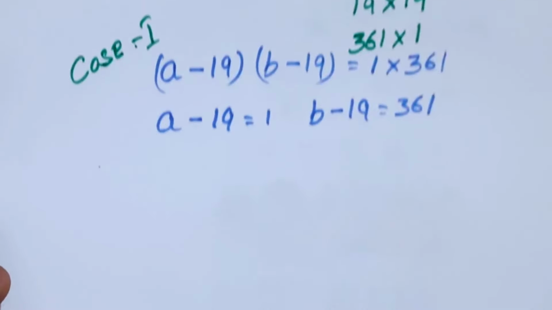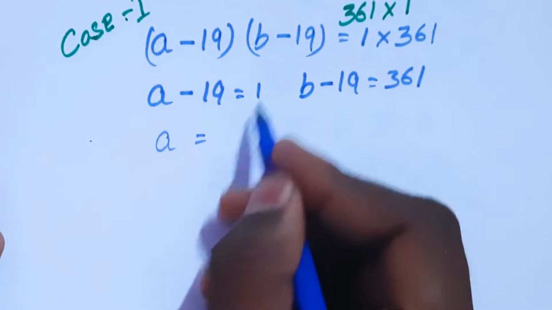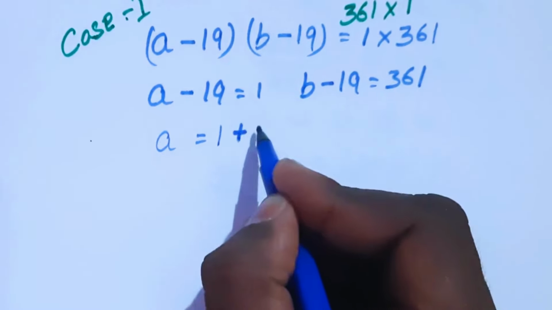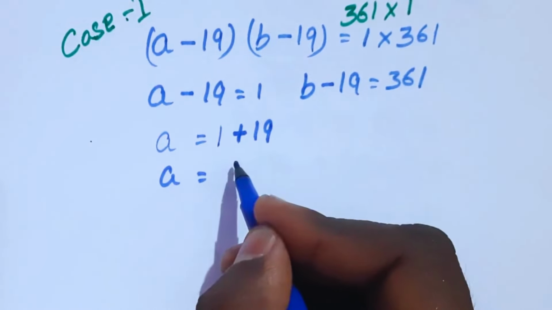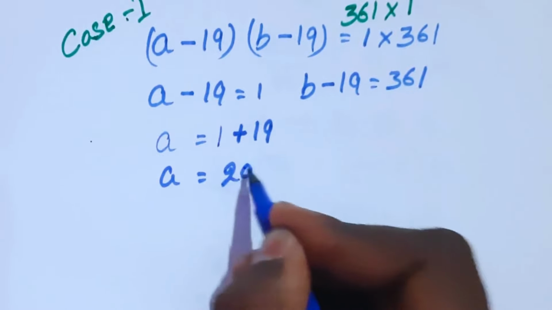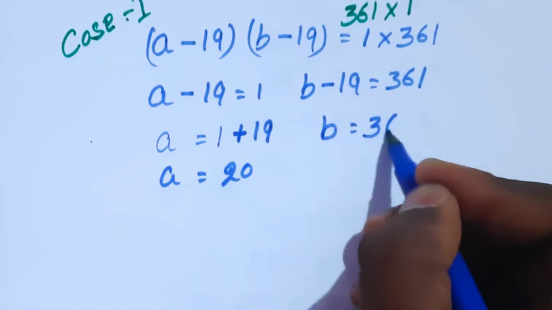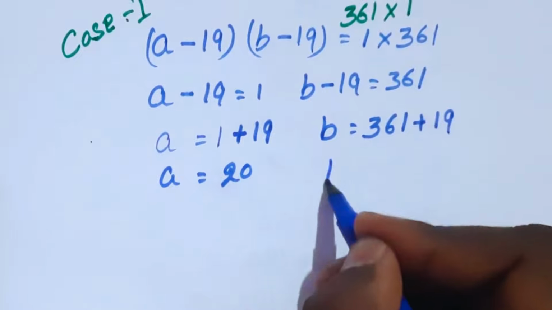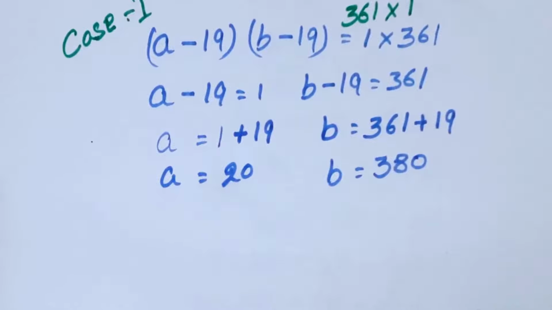Here A equal to 1, we are moving this to the right hand side, so plus 19. A equal to 1 plus 19 is 20. Here B equal to 361 plus 19, B equal to 380.